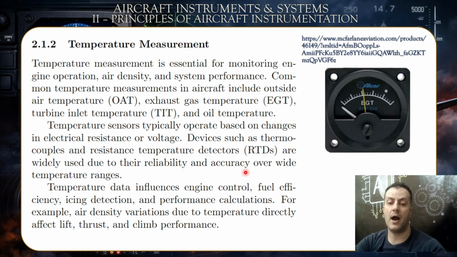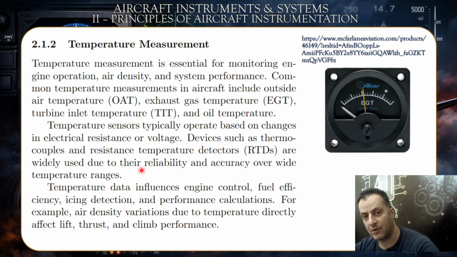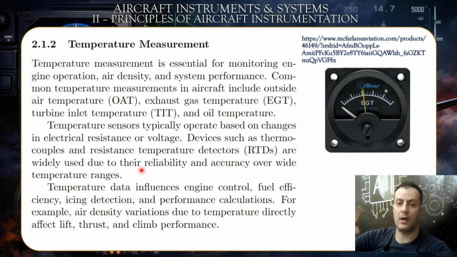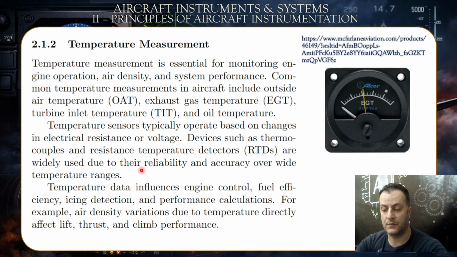They have a high accuracy over wide temperature ranges, meaning that the resistance would change only based on the value of the temperature it's being exposed to, which will give us a good estimated measurement of the temperature. So it's not only for alarms, it's not binary whether you have fire or not, or overheat or not. No, you can get an accurate measurement of the actual temperature within the engine or within any part of the airplane when you have this kind of RTD installed.